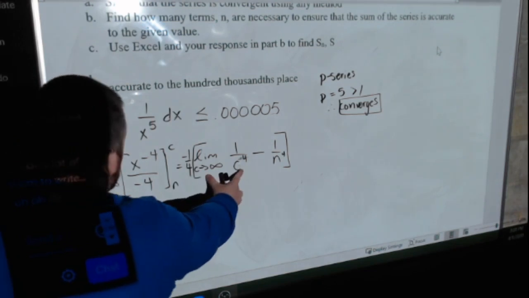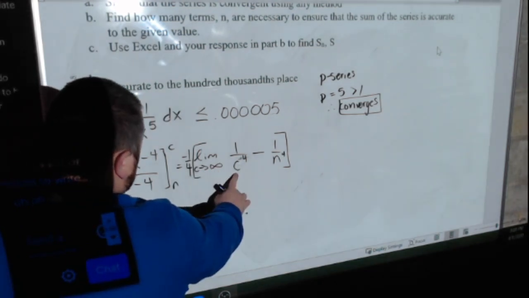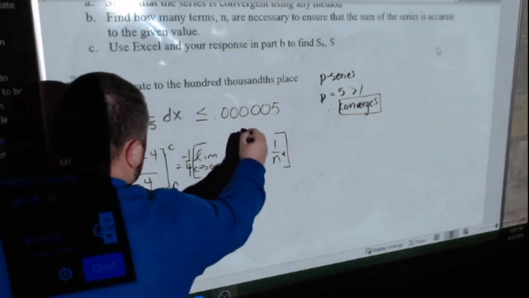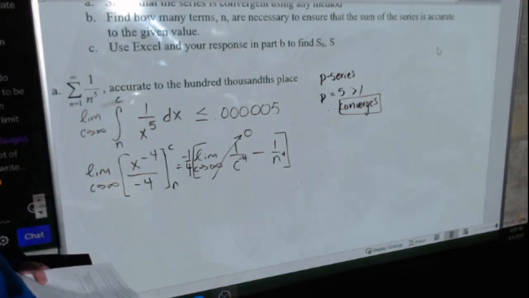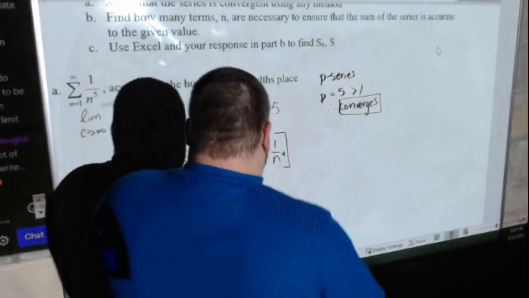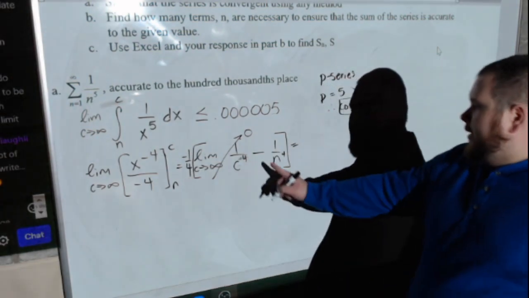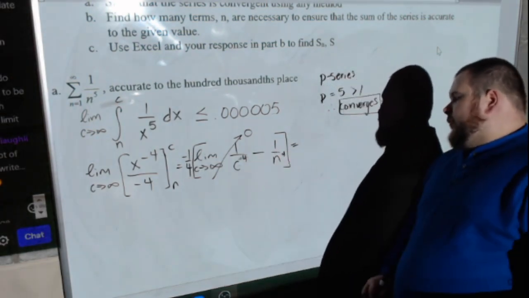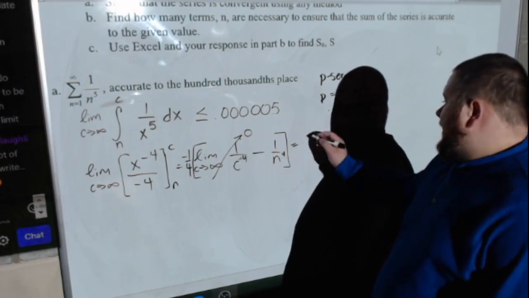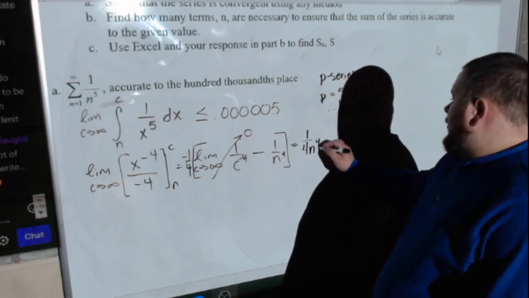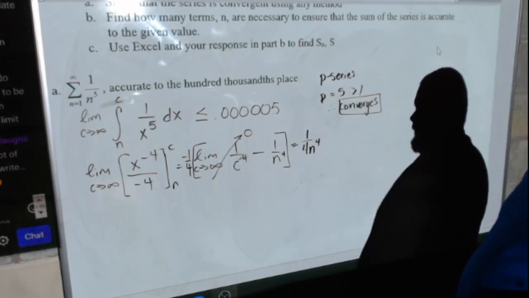So we take the limit here. If I approach infinity, 1 over infinity thankfully goes to 0. So all that's left here is negative 1/4 times negative 1 over n to the 4th. So this is 1 over 4n to the 4th.